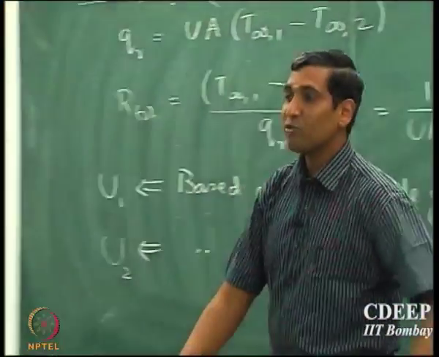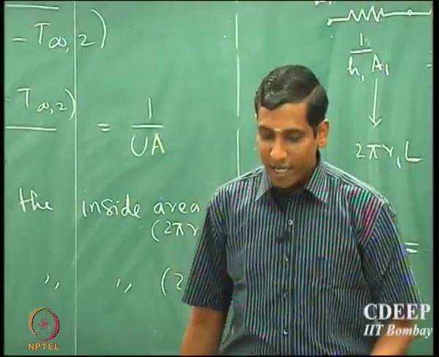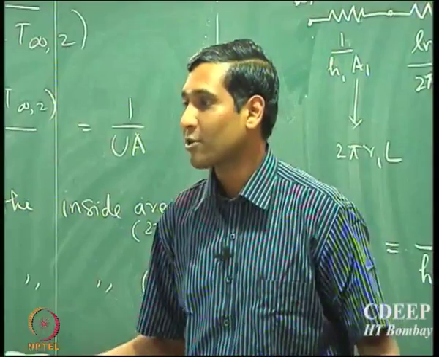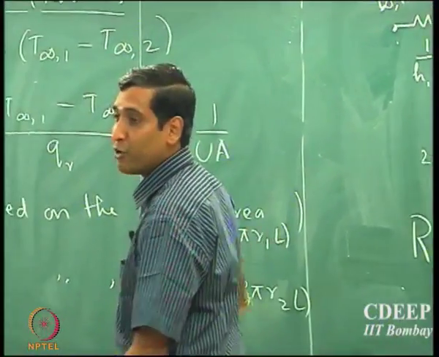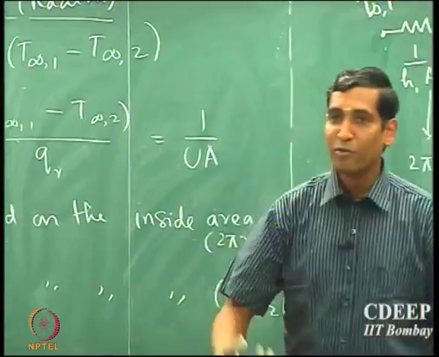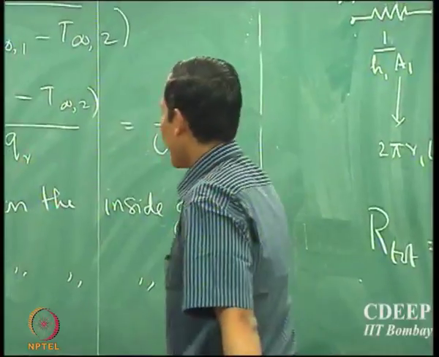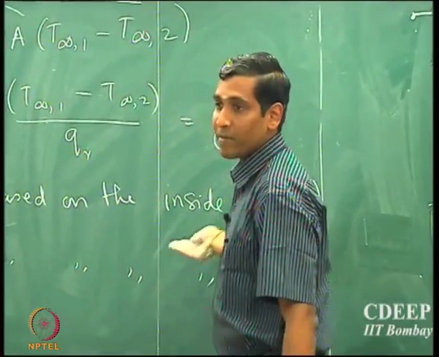Yes, it includes everything, and we are going to see that in a short while. The only advantage is some convenience in calculations. It does not matter whichever area you choose, but if you want things to be a little more convenient, then you define your heat transport area based on that.